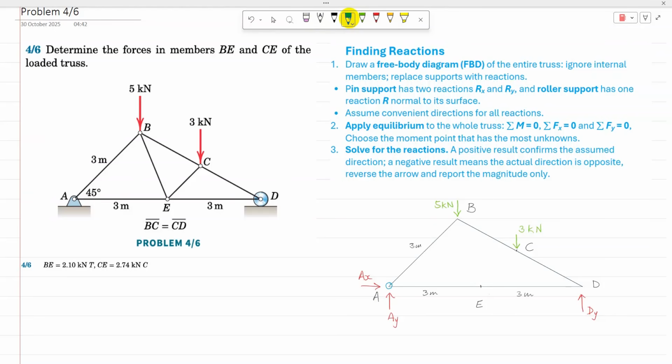The 5 kilonewton load is applied at B, the 3 kilonewton load is applied at C, and Dy is applied at D. The perpendicular distance from the line of action of Dy is 3 meters plus 3 meters, so a total of 6 meters.